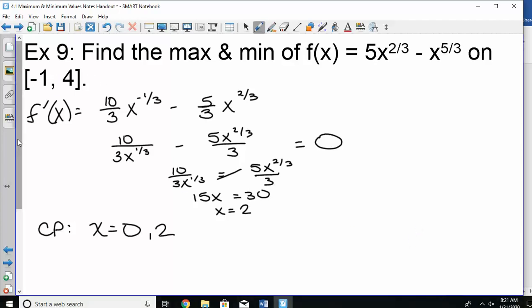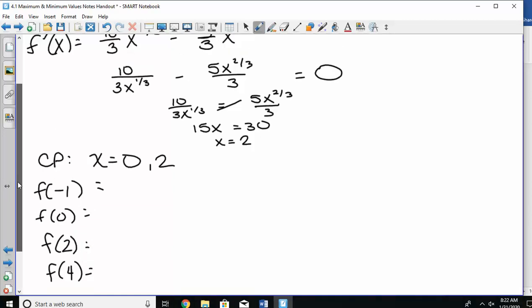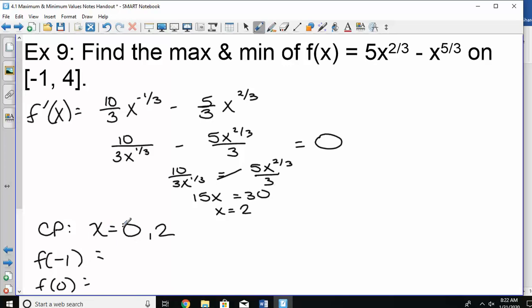Do both of them fall in the interval we need? Yes. So we have to test -1, 0, 2, and 4. I'm not sure that all of these are going to be nice numbers, but we can work through them.